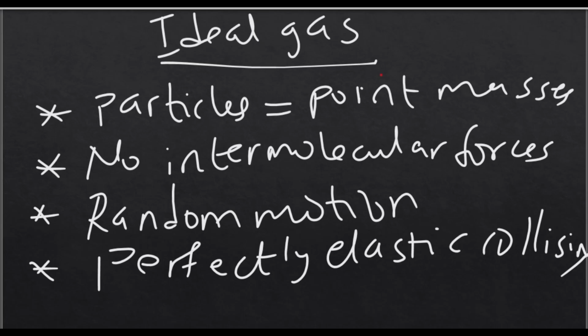Another way this is stated is that the volume of the particles should be negligible as compared to the volume of their container. The other thing about an ideal gas is that the molecules shouldn't attract each other. There shouldn't be any attractive forces between the molecules, or forces of repulsion.